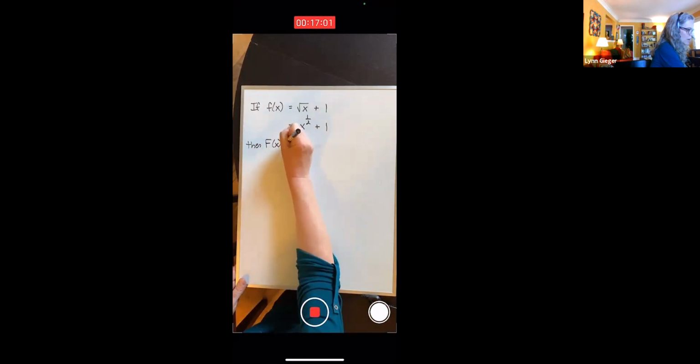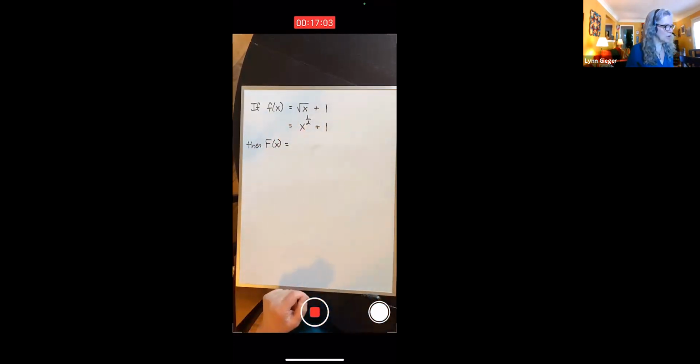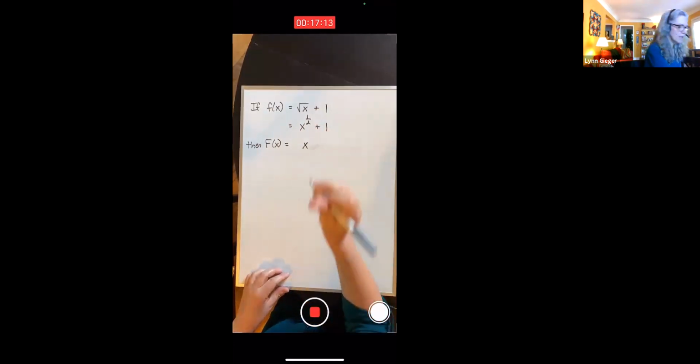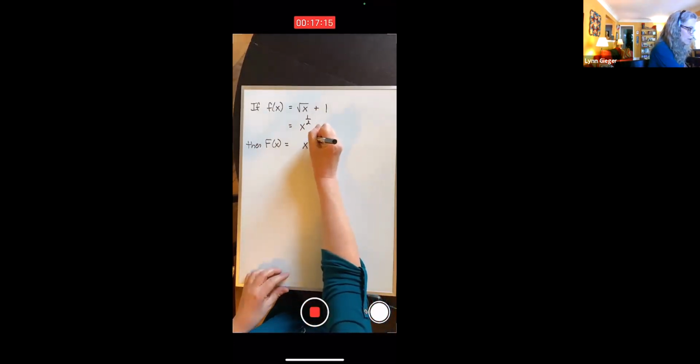At this point, we're ready to apply our antiderivative shortcuts. Now, our antiderivative shortcut for this power, x to the 1/2 power. The first thing you're going to do is add 1 to the power. Add 1, not subtract 1. So you'll end up with a 3/2, and then you're going to have 1 over that new power over here.